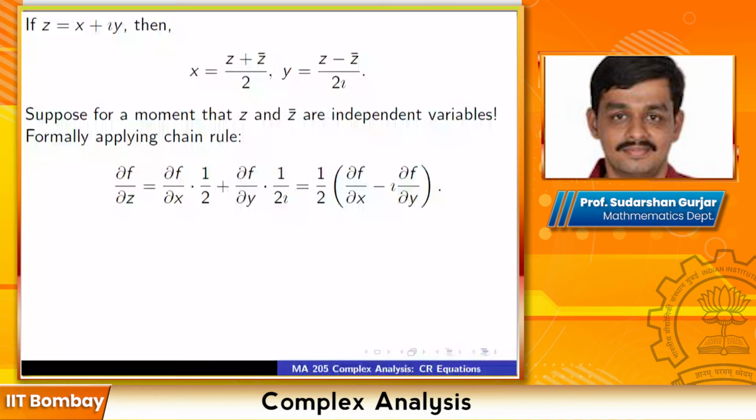So del f by del z is del f by del x times half plus del f by del y times 1 upon 2i, which is half into (del f by del x minus i del f by del y). This is del f by del z. Similarly, del f by del z bar is half into (del f by del x plus i del f by del y).